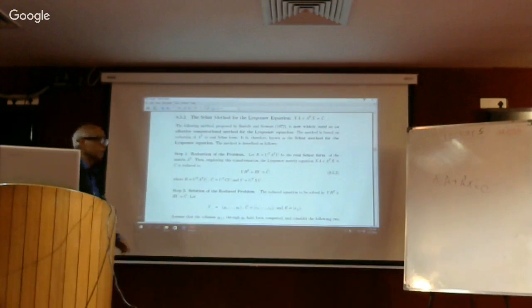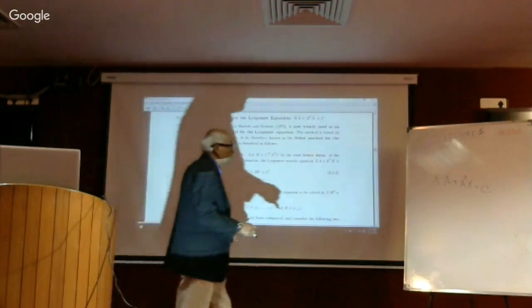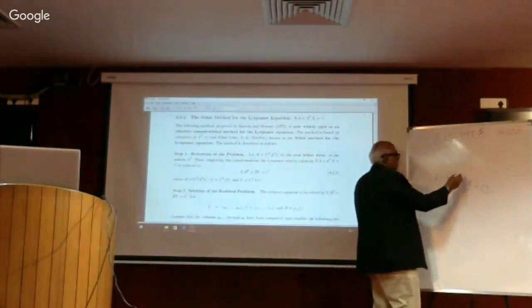So the first thing is that we have to transform the matrix A or A transpose to a real Schur matrix. Now, since we are solving here not AX plus XA transpose equal to C, we are solving the other way. We are solving XA plus A transpose X equal to C. So let's try to transform the matrix A transpose to real Schur.